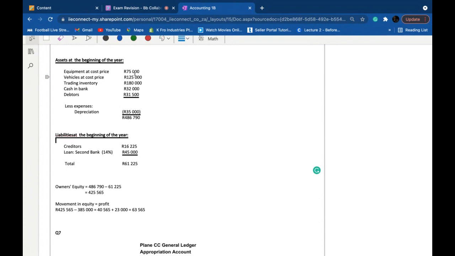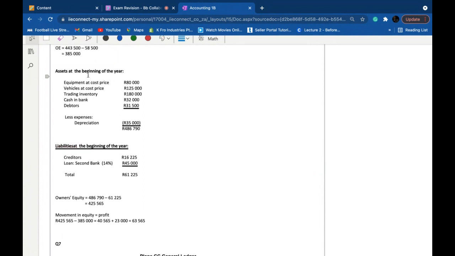So for instance, remember they bought 5,000 there. Sorry, let me actually do this now at the end, so there's no confusion. End of the year, so that's 80,000 there. And then here we didn't buy anything new for vehicles, so that stays the same.